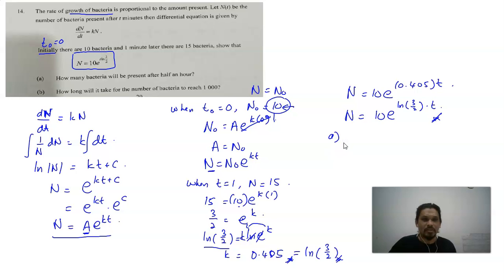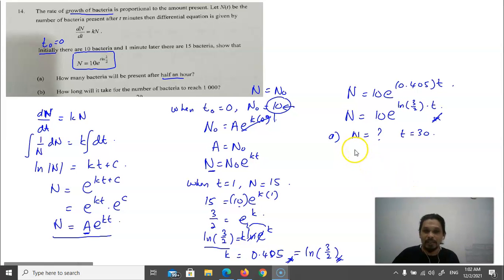Question A. How many bacteria will be present after half an hour? According to the beginning of the question, initially T0 and 1 minute, meaning we're talking about time in minutes. So half an hour, the current number N after T equals 30.